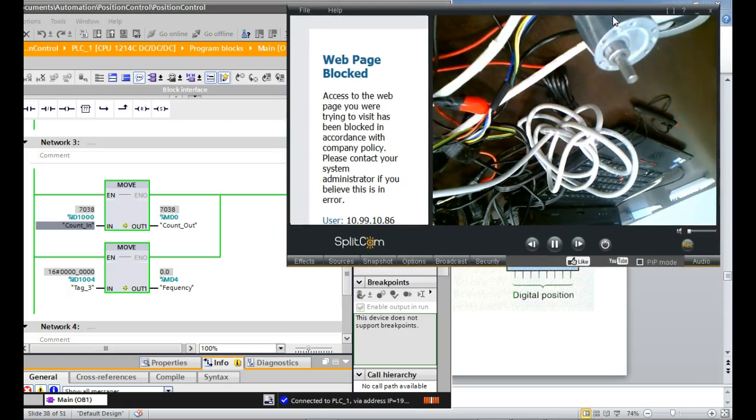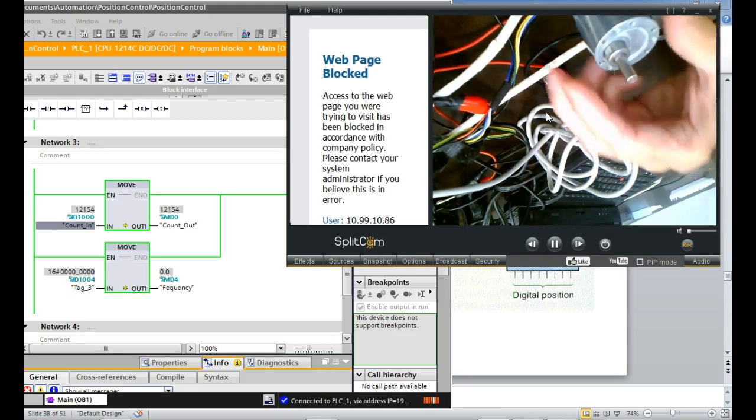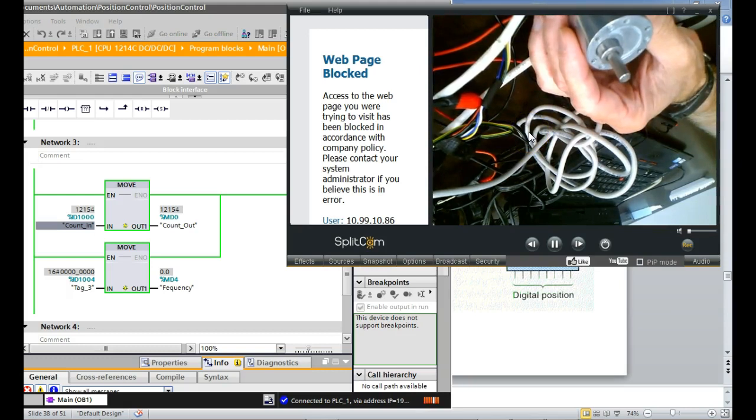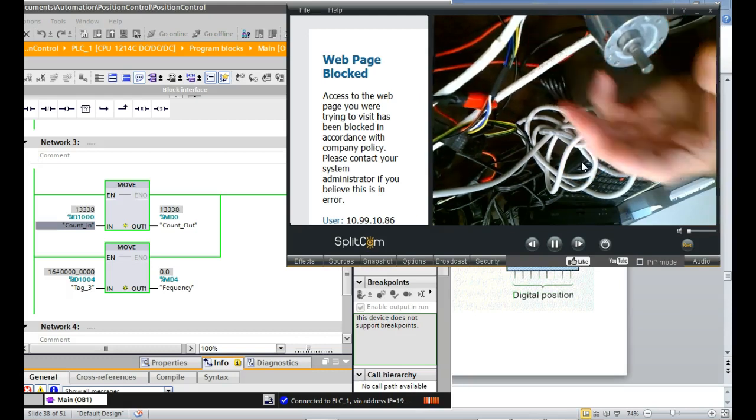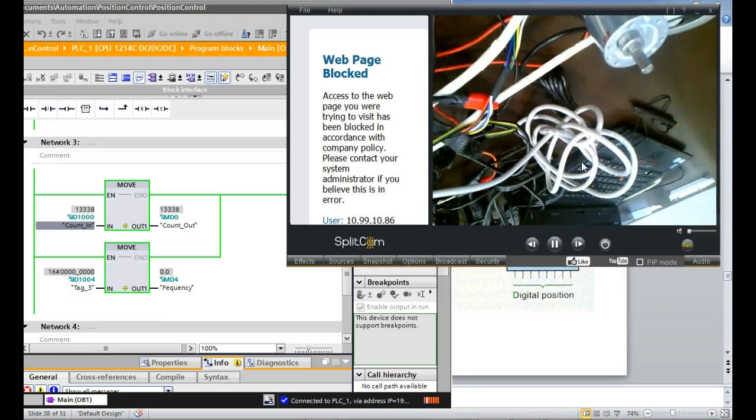But let's slow it all the way back down. Okay, so now we're going in the positive direction. And I'm going to stop it. And what I'm going to do is just move the flat surface. Okay, so it's pointing at the camera, right?